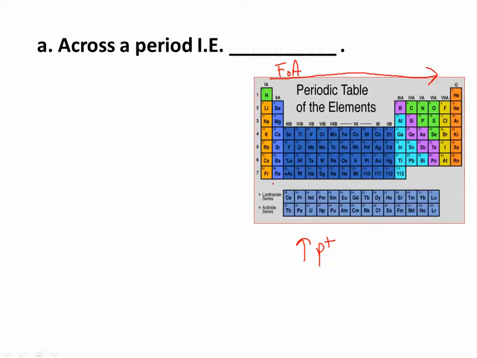So the force of attraction increases across a period. If the outermost electron is more strongly attracted to the nucleus, is it going to take more or less energy to remove it? It's going to take more energy to remove it. So across a period, ionization energy increases because the force of attraction increases.